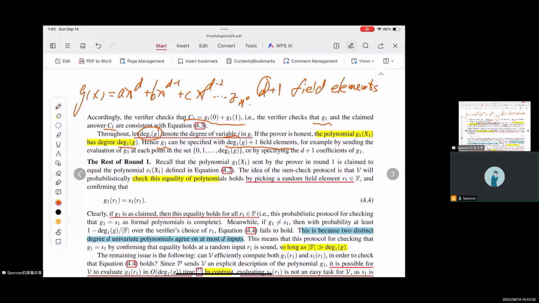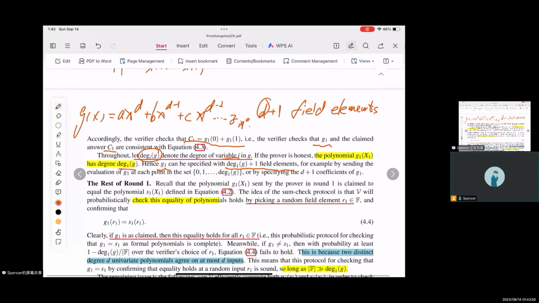So how can this g(x) be identified? We need to determine them one by one, so how many elements do we need at most?